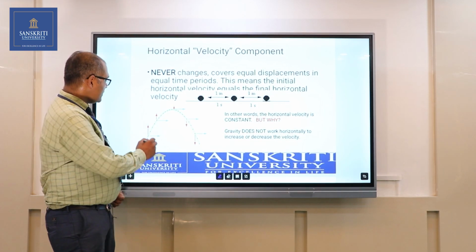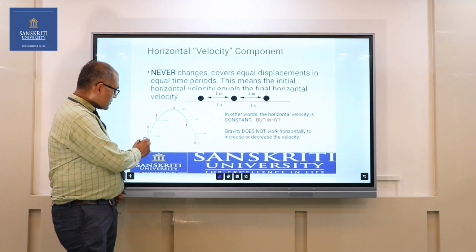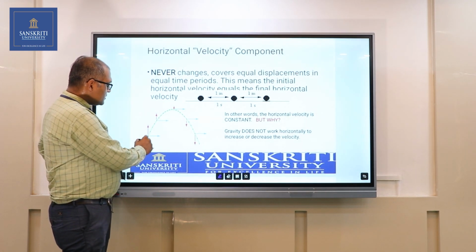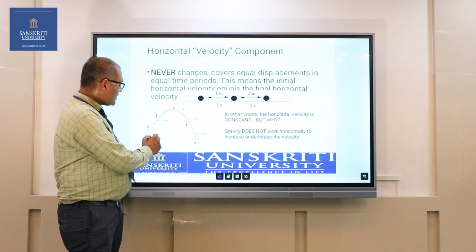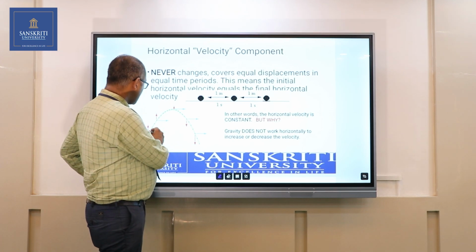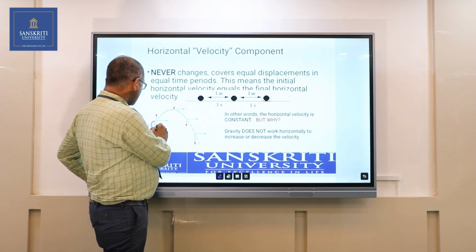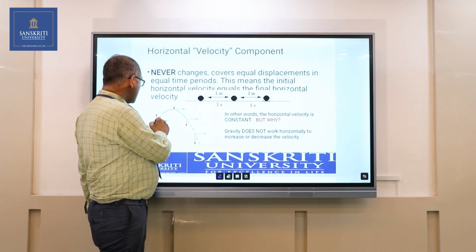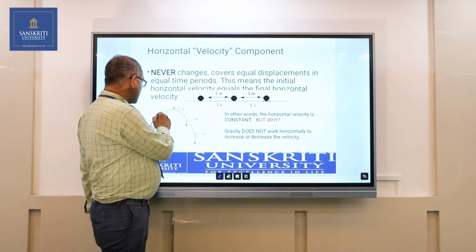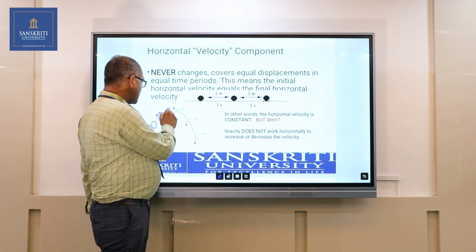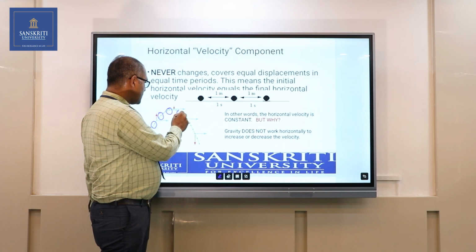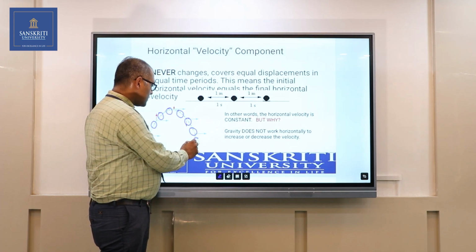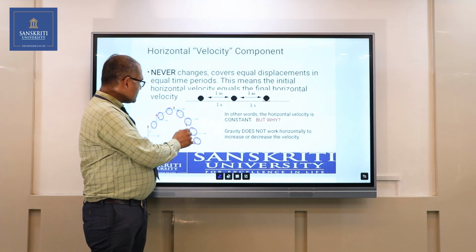So here we will see, suppose this is a ball and it is being thrown as a projectile. I am just drawing the position of the ball at different instants. It is the same ball. Don't think that there are some 7-8 balls.